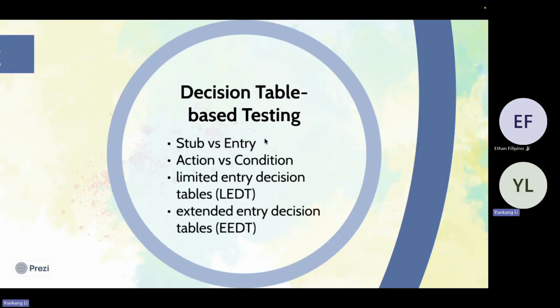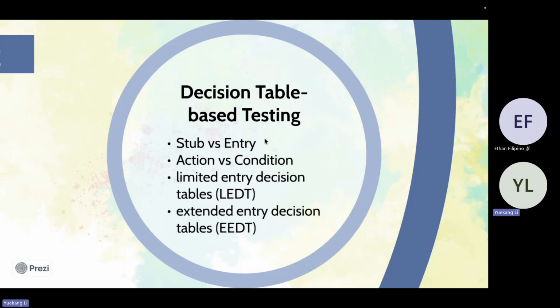And then we learned another approach for dividing the input space according to the relationship between inputs and outputs. And this is called decision table. So you should be able to identify what the stubs of a decision table are and what the entries of a decision table are. So stubs are like table headers, right?